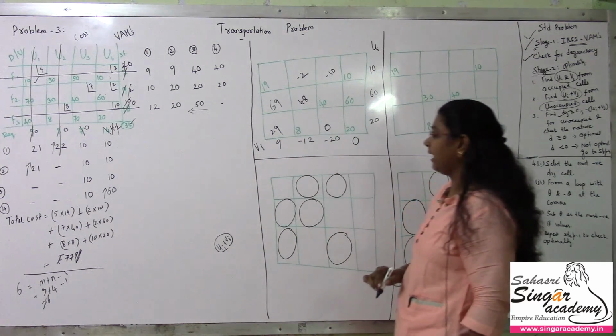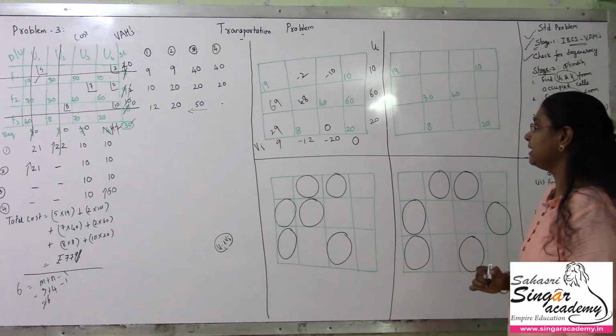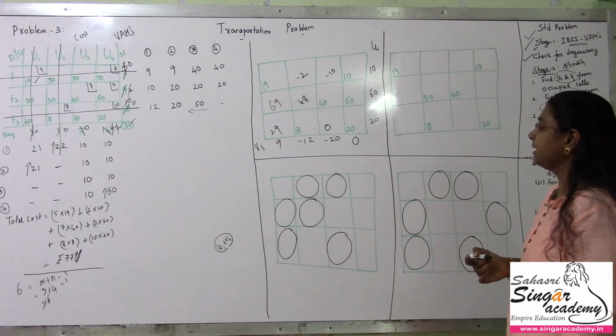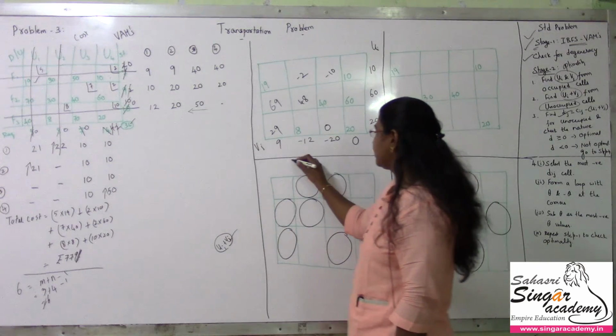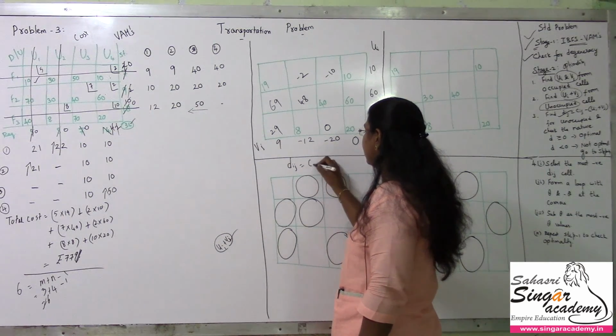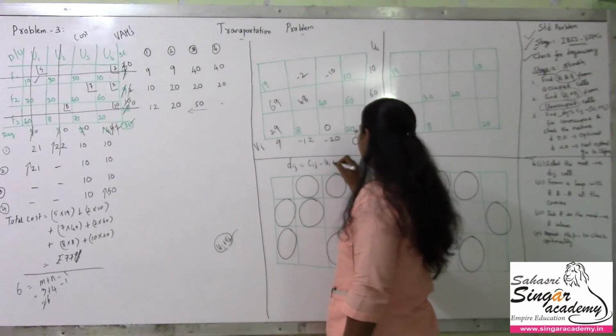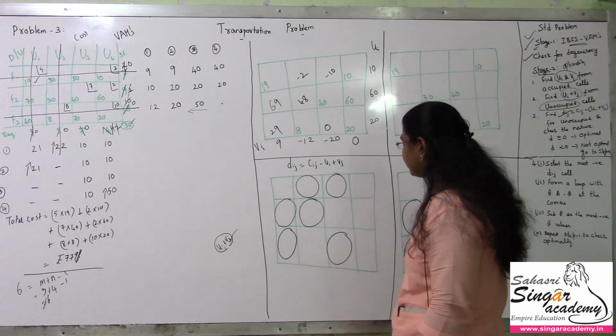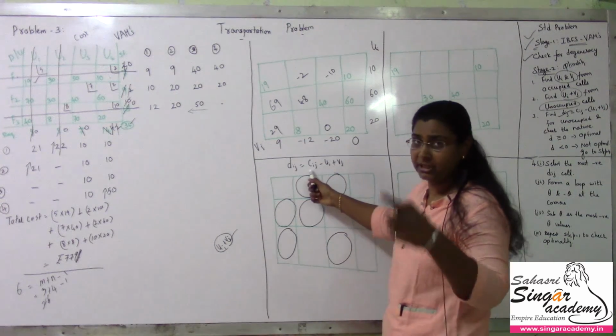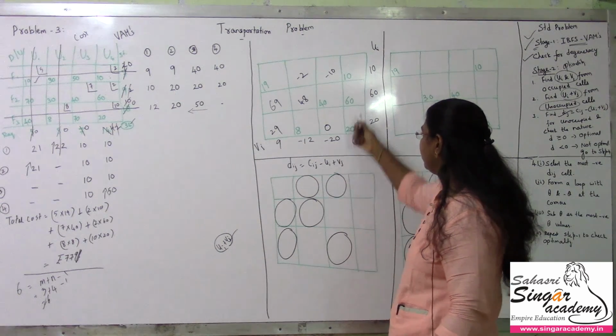Is it okay? So we have found the Ui and Vj for the occupied cells and Ui plus Vj for the unoccupied cells. Now we have to check the nature of Dij, which is nothing but Cij minus (Ui plus Vj), right? Fine. We'll make it here, with Cij from the original table and Ui plus Vj what we have found here.